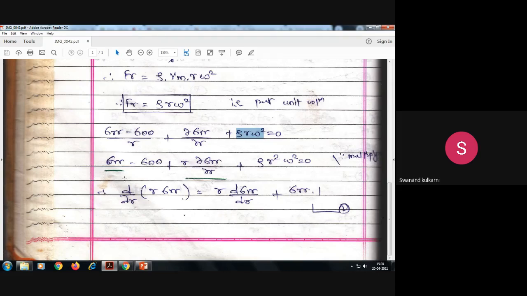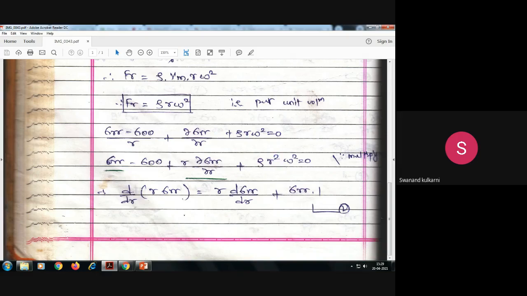Now for this step we are going to multiply by r. Once we multiply by r, the r present in the denominator will get cancelled with this r. So we get σ_rr − σ_θθ plus, by multiplying with r, r ∂σ_rr/∂r plus rho r² omega².